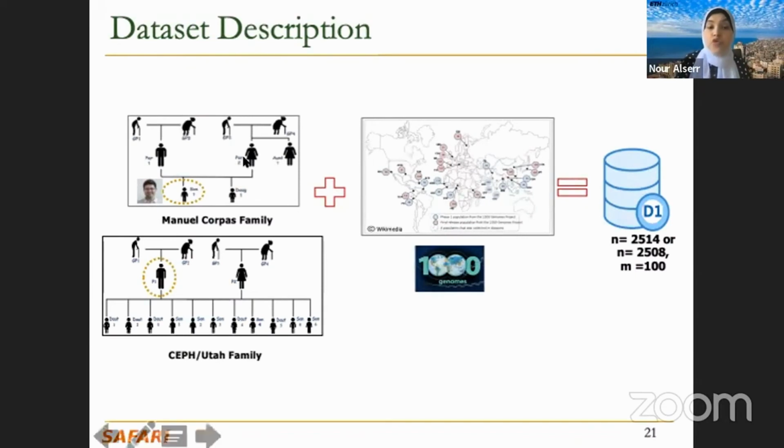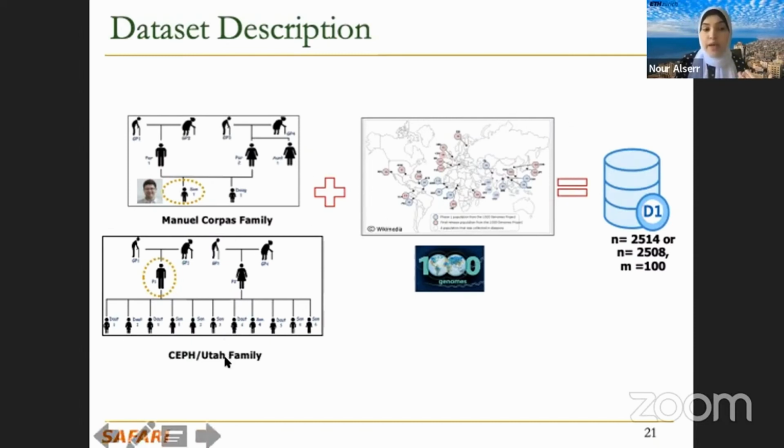And also we have two family data sets. The first one is the Manuel Corpus family. Manuel Corpus is a scientist. He shared the genomic data of himself and some of his family members for empowering scientific research of genomic data and also biomedical research.